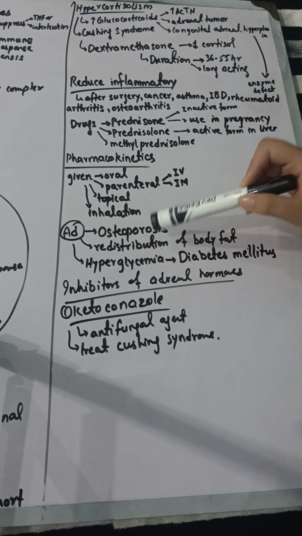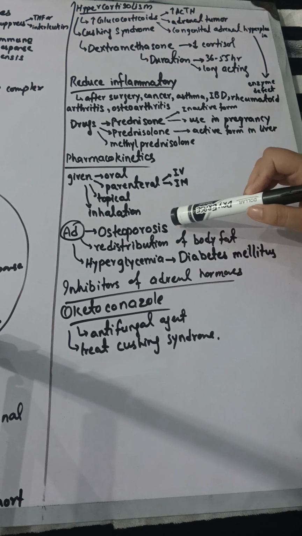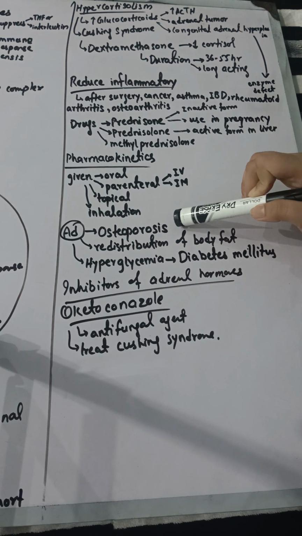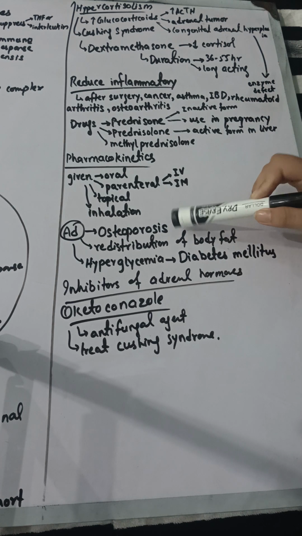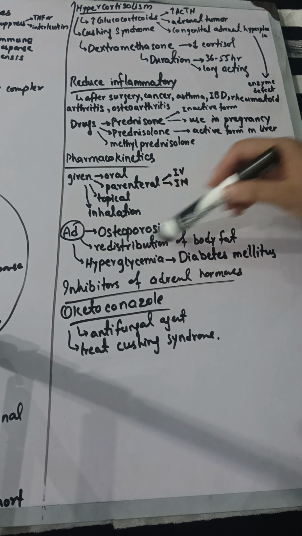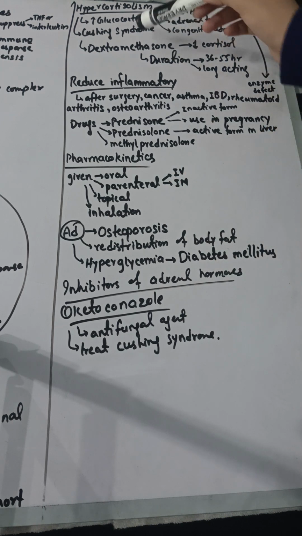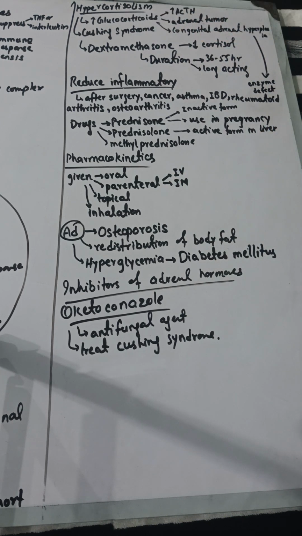They have a lot of adverse effects, like prolonged use of prednisone or prednisolone causing osteoporosis. It causes the breakdown of your bones and a redistribution of body fat, especially in Cushing syndrome, where a lot of fat gathers toward the lower face and the shoulders, making it worse.